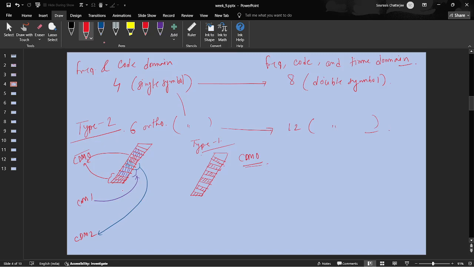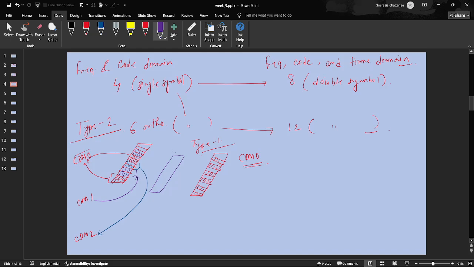But when it comes to CDM0 for type 2 and type 1, is there any difference you are able to see? Okay, let me separately draw so that it's easy for you to recognize it.